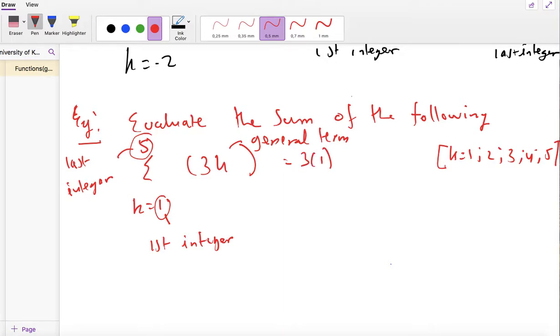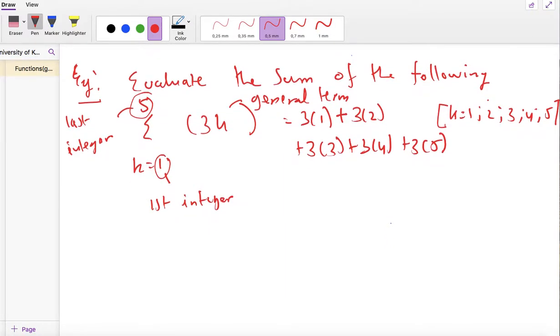And remember, sigma means sum, so it must add. Then substituting k equals 2, we get 3 multiplied by 2. And going on in this notion, we get plus 3 times 3, plus 3 times 4, plus 3 times 5, where we substitute the last integer into the general term to generate the last term of the series.